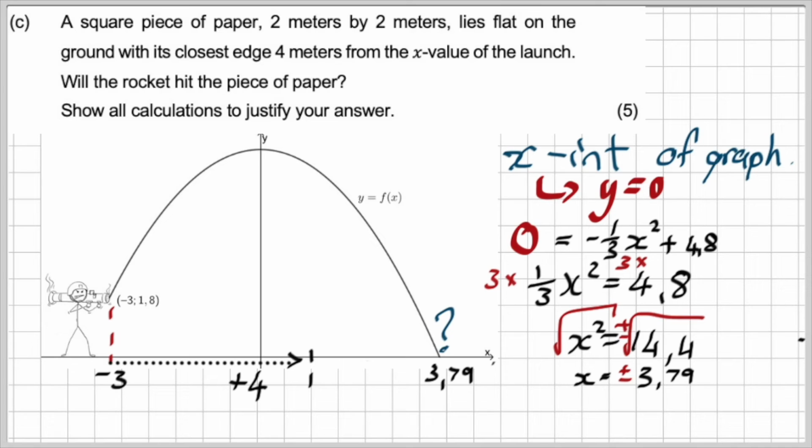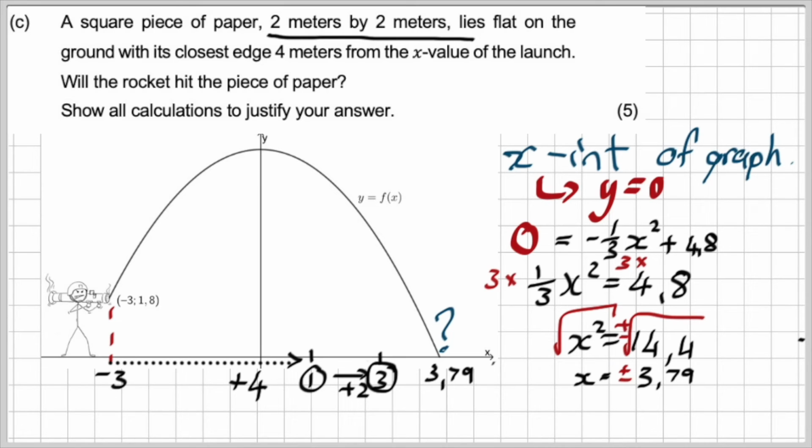Again, how do I get that? Simply taking the -3 and adding 4 meters to that. That's the closest edge. Now, where would the furthest edge be? Remember, this is a square piece of paper, 2 meters on. So 2 meters on from 1, the furthest edge will be at x equal to 3.